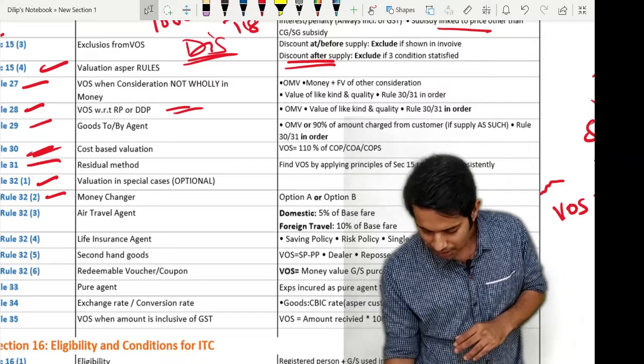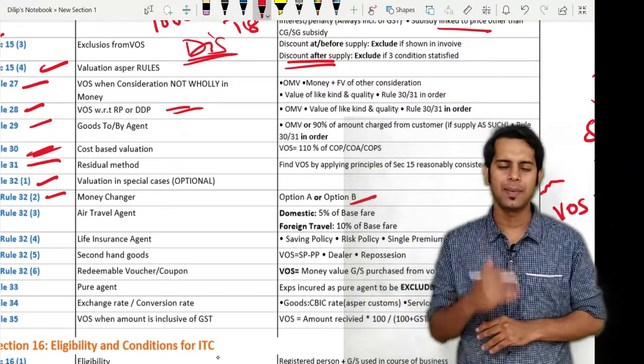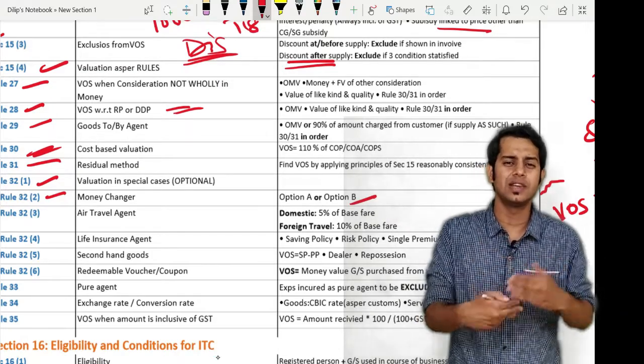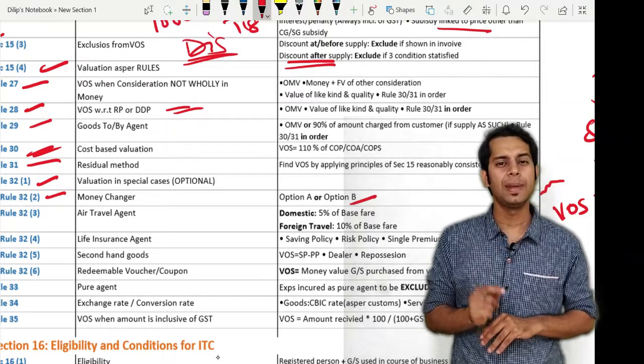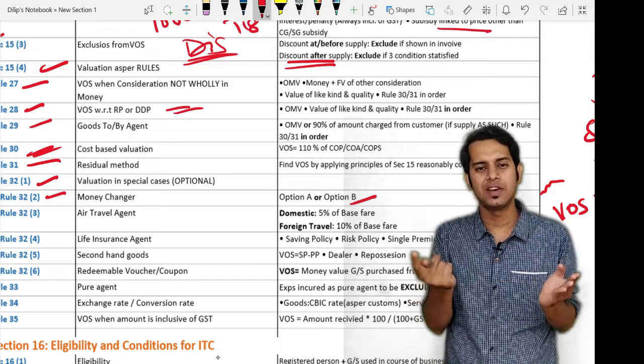Then option number B. Option B gives the slab rate. It is like income tax slab rate. So value of supply under option B: if the gross currency which is exchanged is up to rupees 1 lakh, then value of supply will be rupees 250 or 1% of gross currency exchange, whichever is higher.